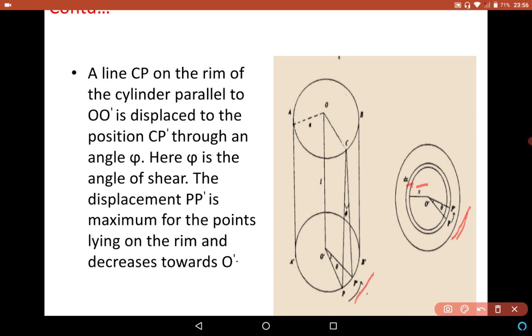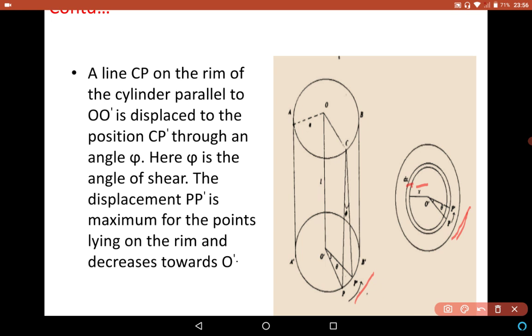When the twisting couple is applied, the point P goes to the point P dash. From this diagram, where this is x and this is theta, PP dash is equal to x theta.